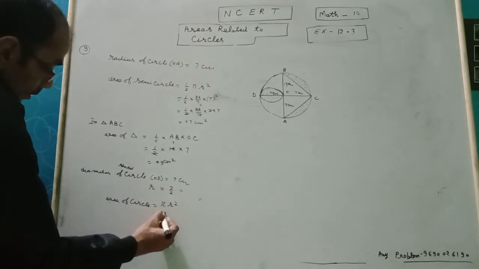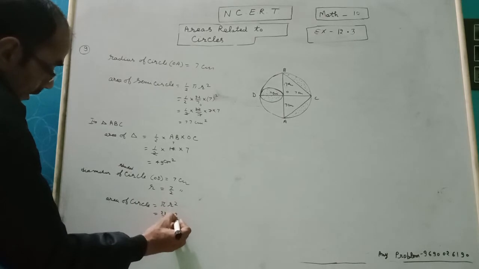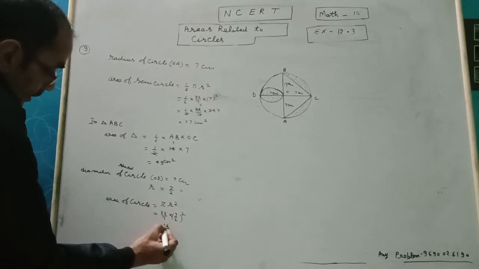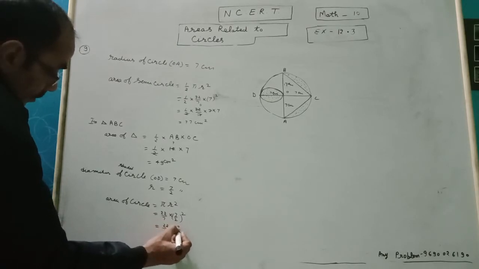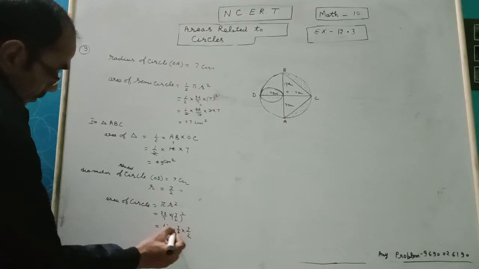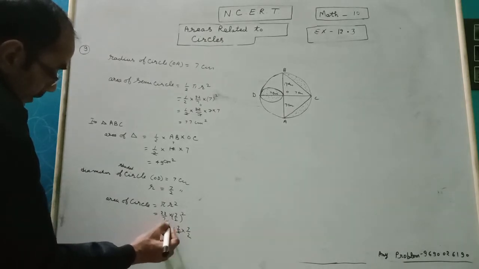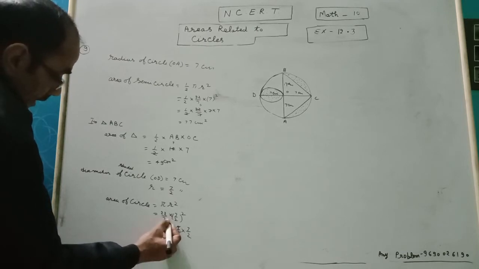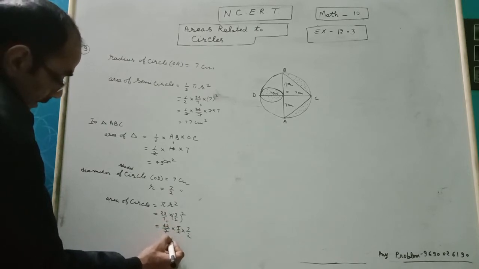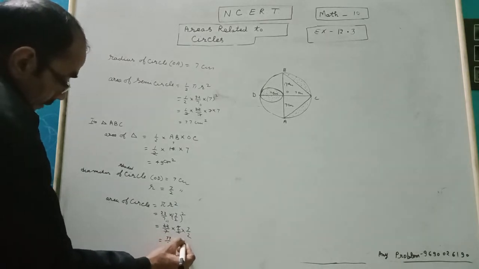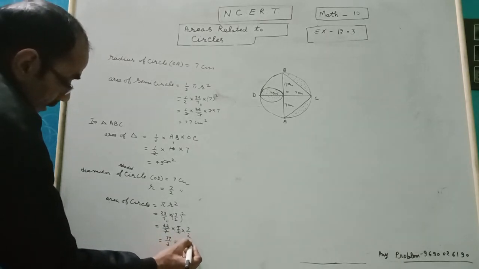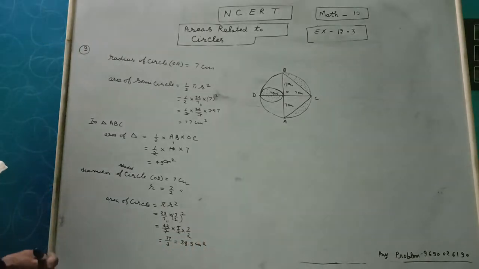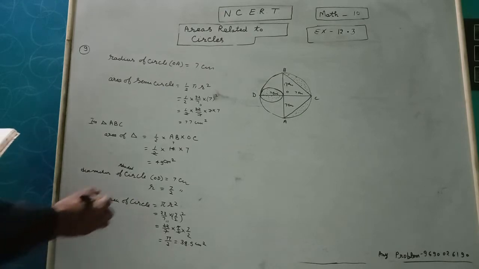Pi value 22/7, r value is 7/2. 22/7 into 7/2 into 7/2. 2 divided by 22 is 11, 7 divided by 7 is 1. 11 times 7 is 77/2, that is 38.5 cm square, the area of the shaded circle.